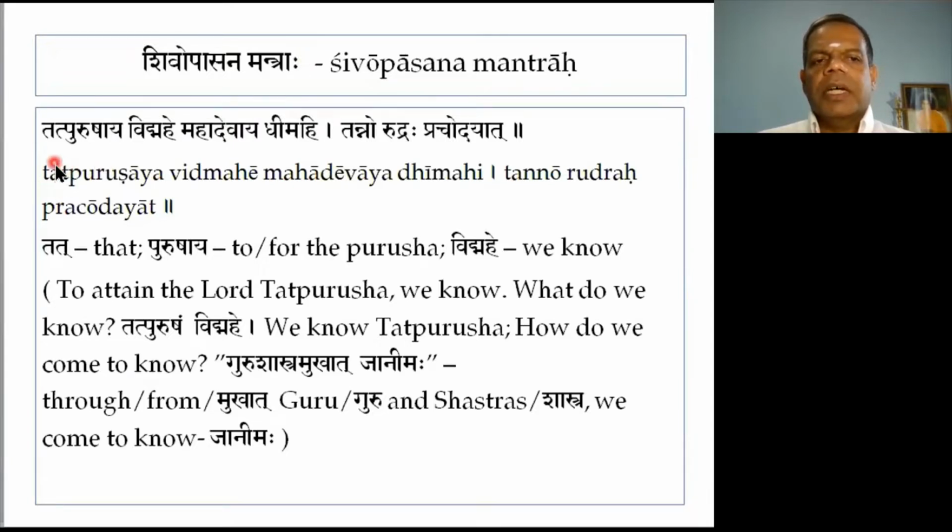I will just read: Tat Purushaya Vidmahe, Mahadevaya Dhimahi, Tanno Rudra Prachodayat. Tat Purushaya Vidmahe, Mahadevaya Dhimahi, Tanno Rudra Prachodayat.